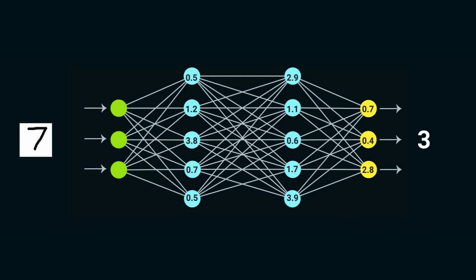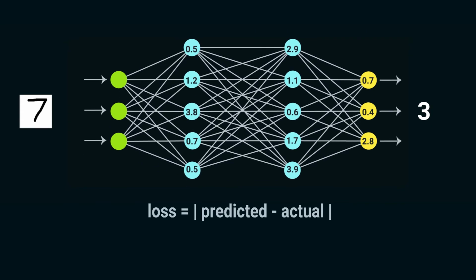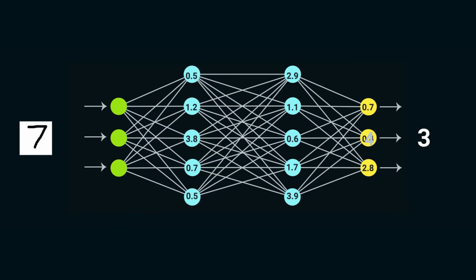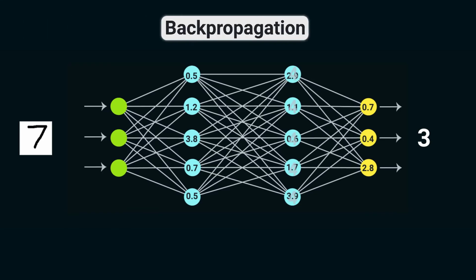Now there is something called a loss function which calculates the gap or distance or difference between the predicted value and the actual label of the image. Depending on the task, there are various loss functions which we will discuss later. Now the loss value is propagated backwards throughout the network. This is called the backward pass or backpropagation. During this phase, the weights of the neural network are adjusted so that the loss is minimized.